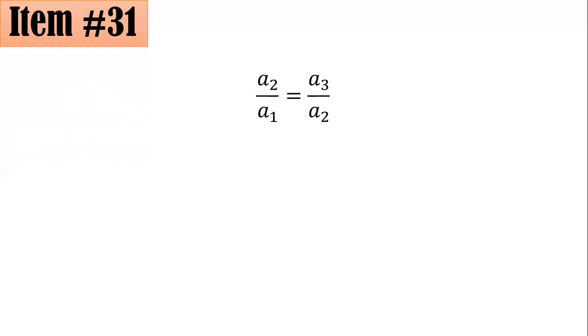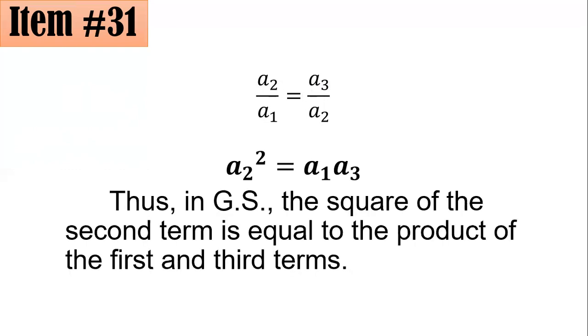With such, by the multiplication property of equality, the square of the middle term, a sub 2, is equal to the product of the first and the third term. So we have to remember this, and this will also be applied to this particular problem.